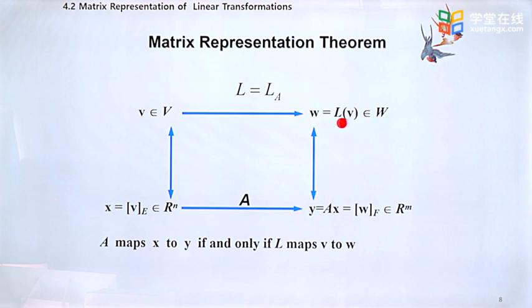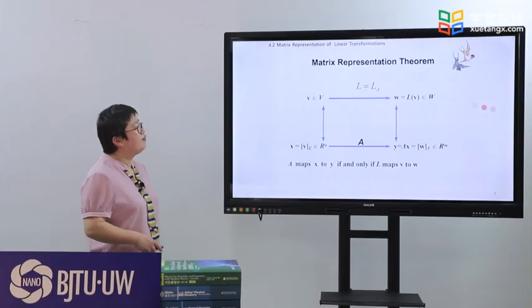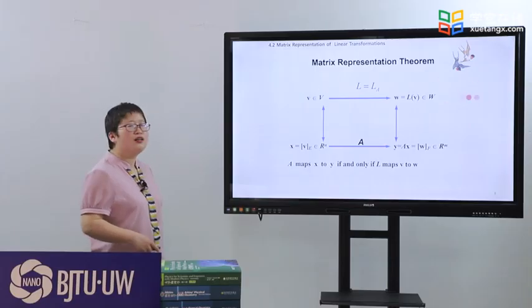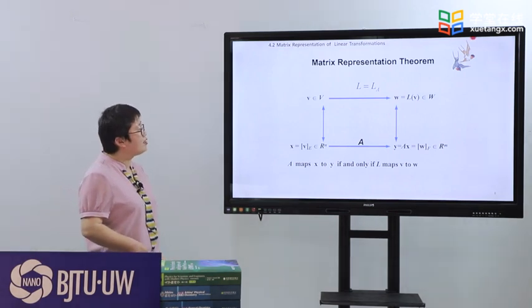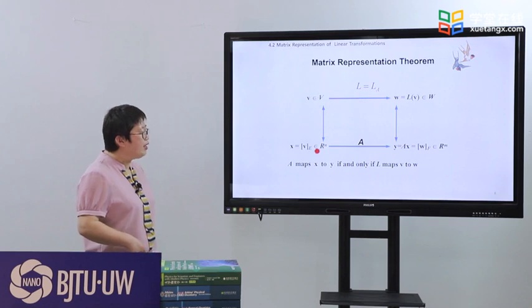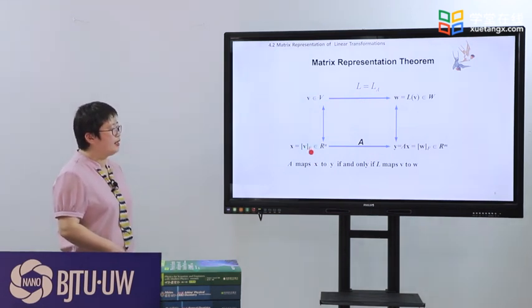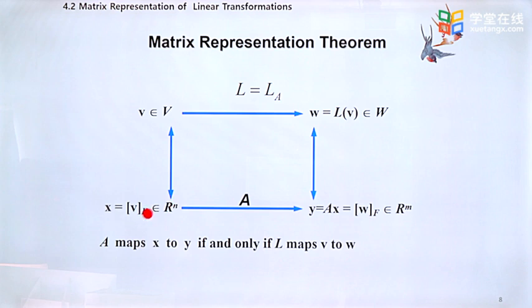So w equals L(v) belonging to the vector space W. And in fact, for any vector space, the coordinate vector is related to the basis you are given. So suppose for the vector v, you are given this basis E. With respect to this basis, you will have the coordinate vector x, which equals the coordinate vector of v with respect to E. So v is a vector. x is the corresponding coordinate vector with respect to the given basis E.